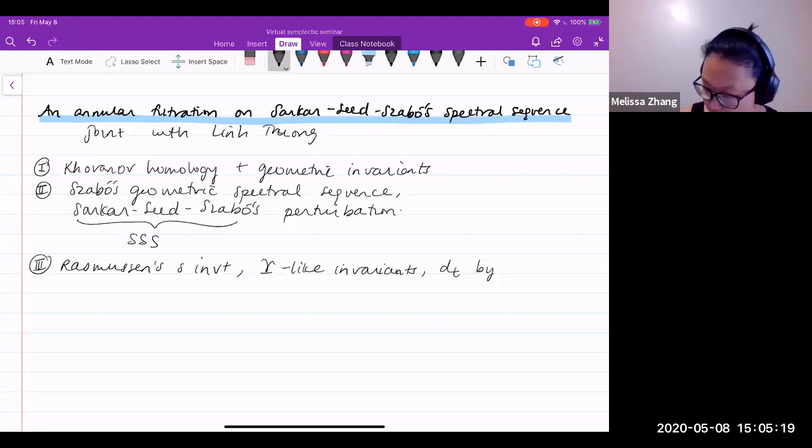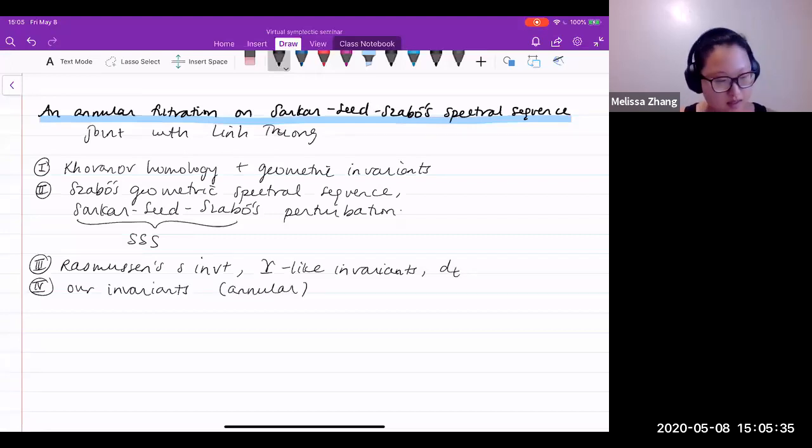And then I'll also talk about DT, which I won't write the whole name for now. And then finally, I'll talk about R invariants. And these are going to be for annular links. And then if we have time at the end, I'll tell you about why I'm talking about annular links so much.